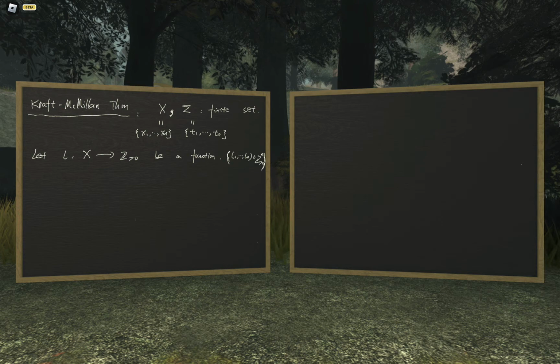Now the theorem says that there exists a uniquely decodable encoding C such that the length of each C(xi) is equal to Li, I mean L applied to xi, or L(xi), and we denote this by Li, if and only if our tuple of numbers satisfies this inequality.